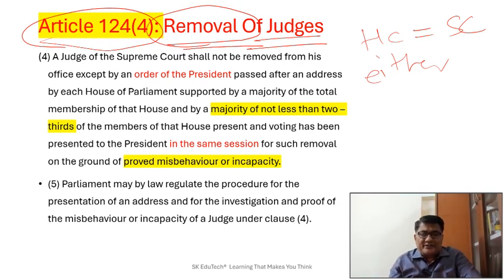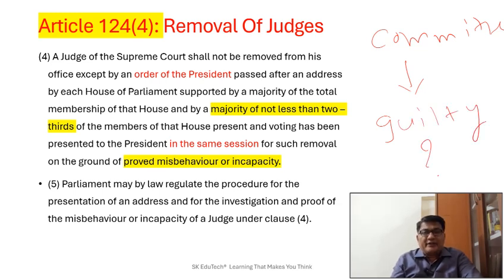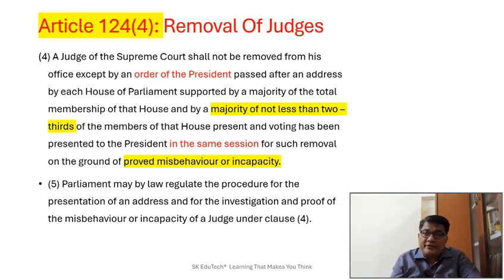Now, after that, the Speaker or Chairman of the house will appoint a committee of 3 members, and this committee will find out whether the judge concerned is guilty or not. Will the concerned judge be given an opportunity to defend himself? The answer is yes. But if the committee finds that the judge is guilty, then it will go to both houses, first house and second house.